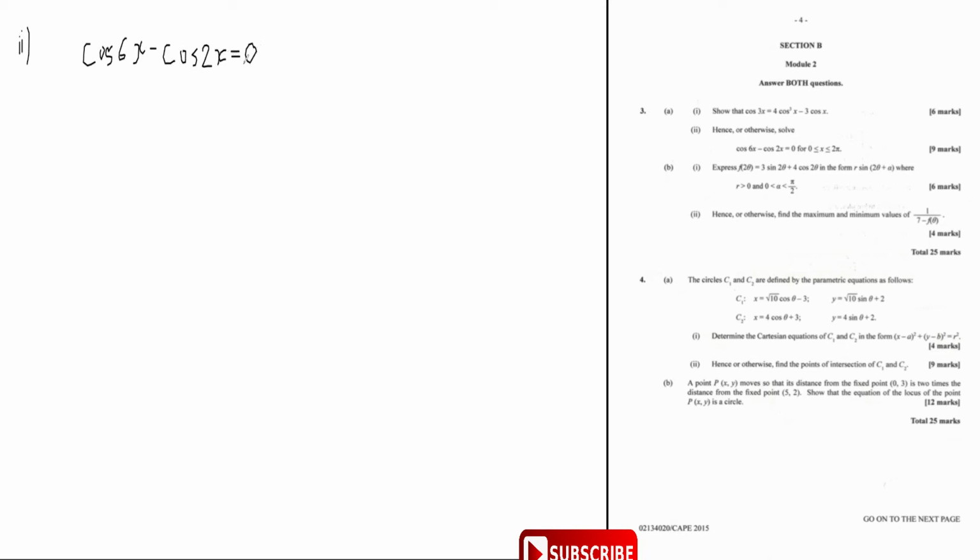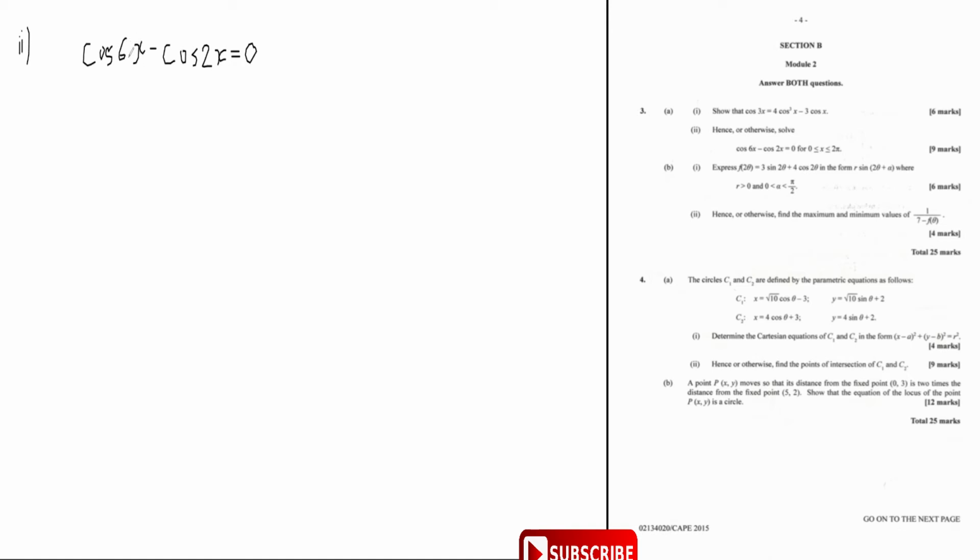All right, and it says hence. Hence means we're going to utilize the knowledge that we have from above. Now, since it says hence, the only thing I can see is that I can separate cos 6x.